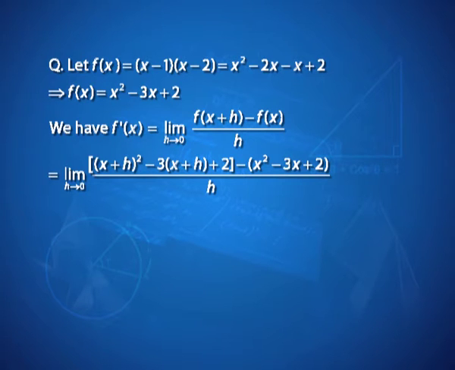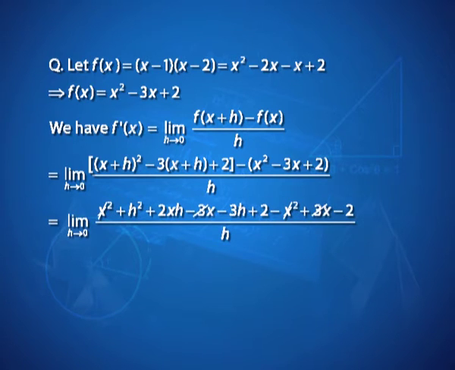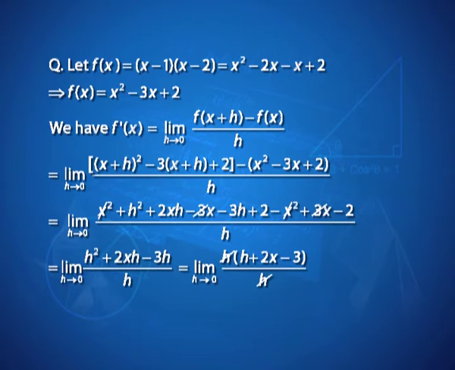That can be written as limit x square plus h square plus 2xh minus 3x minus 3h plus 2 minus x square plus 3x minus 2 upon h. After cancelling out the terms, we are left with limit h square plus 2xh minus 3h upon h as h tends to 0.